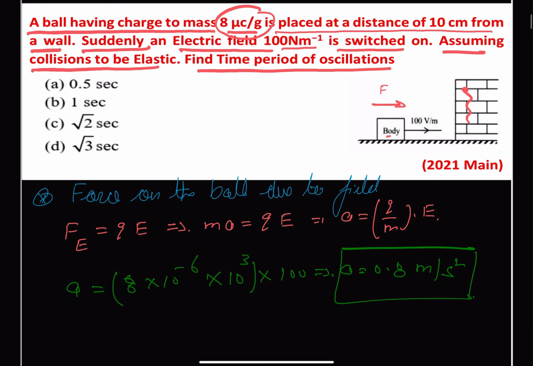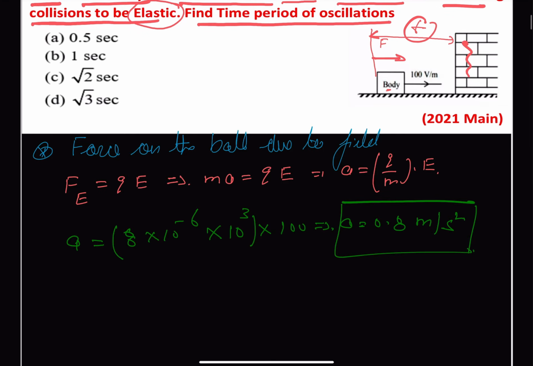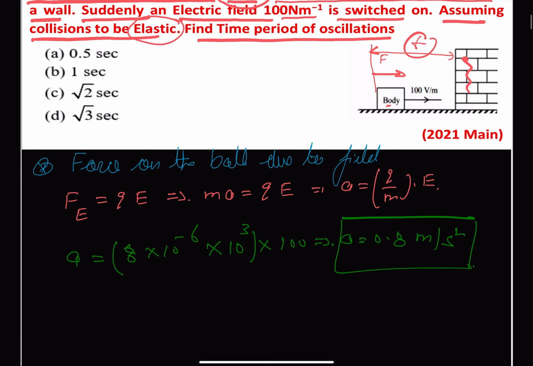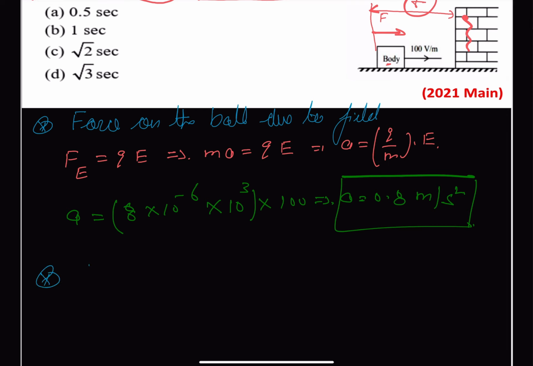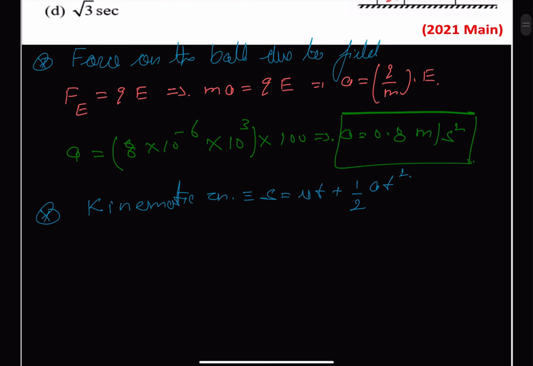Suppose in one direction the body takes a time t to reach the wall, and we have to keep in mind that the collision is perfectly elastic. The distance is given to us as 0.1 meter. Using the kinematics equation, S is equal to ut plus half a t square, and initially the body is at rest, so u will be equal to 0.